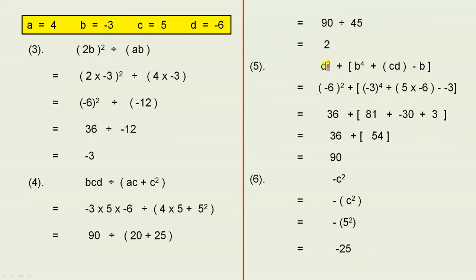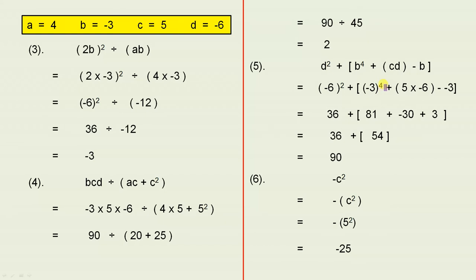Now all we do is substitute the values in. So D is negative 6, so that'll be negative 6 all squared. Now B to the power of 4 is negative 3 to the power of 4. CD is 5 times negative 6. And then minus B is minus negative 3. Now negative 6 all squared is 36.